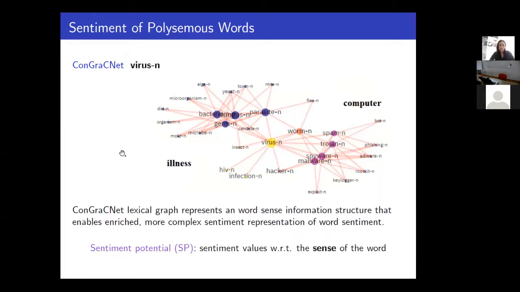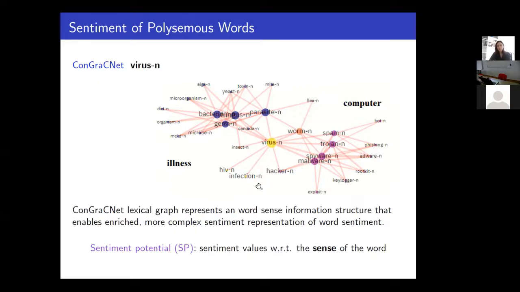So this graph, as you can see, is our product, the Congrazinet graph for the word virus. And you can see on the right side there are words related more to computers, while on the left side, these are more words related to illness and are further separated into microorganisms like bacteria, germs, and so on, and into the effects of the virus in the yellow, like infection, HIV.